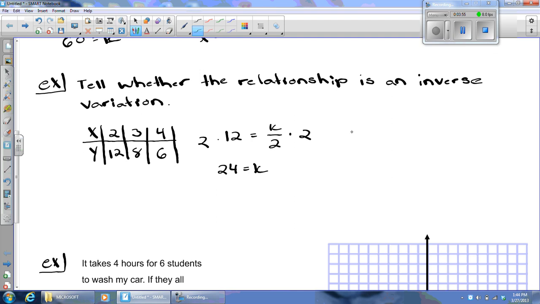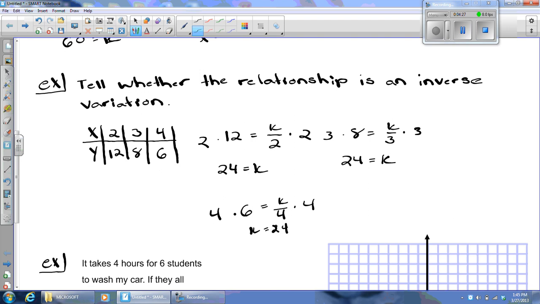If we do the next one, 8 equals k over 3, multiply by 3 on both sides. This also gives us 24 as our constant. The third one, if we do 6 equals k over 4, multiply by 4 on both sides, k equals 24.